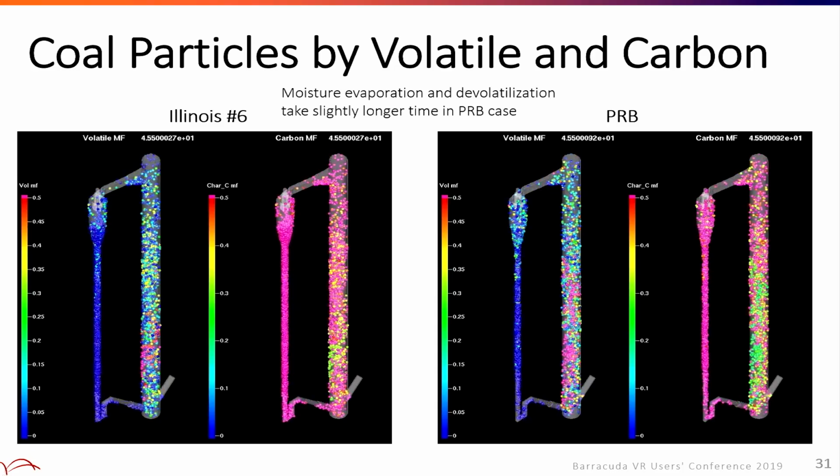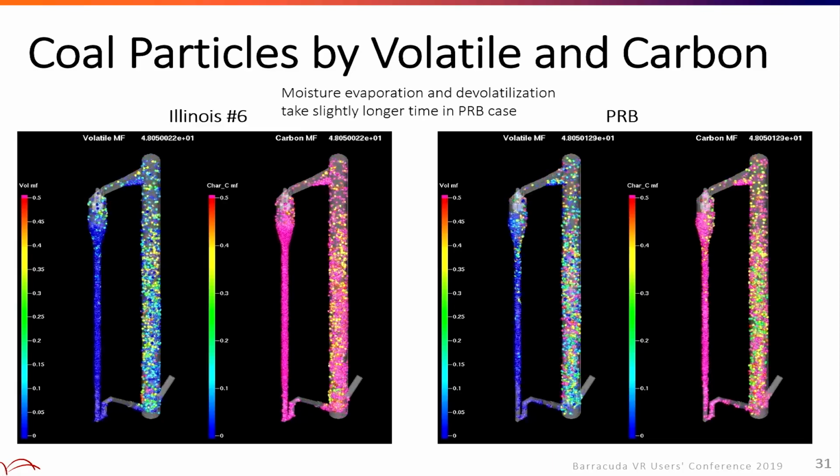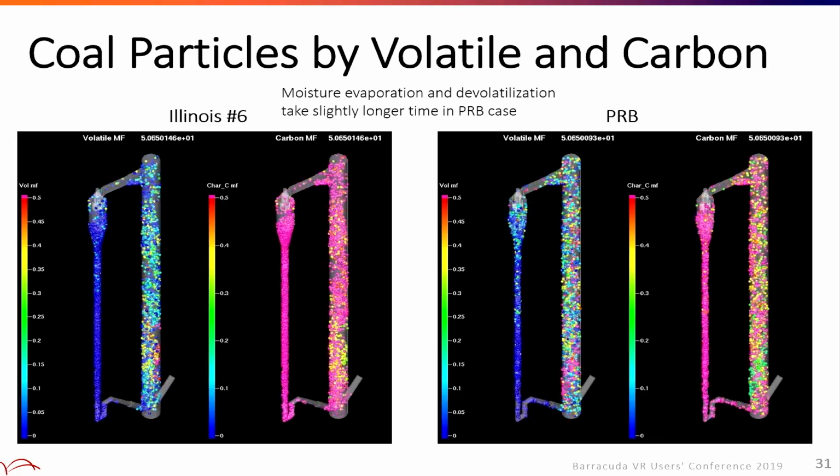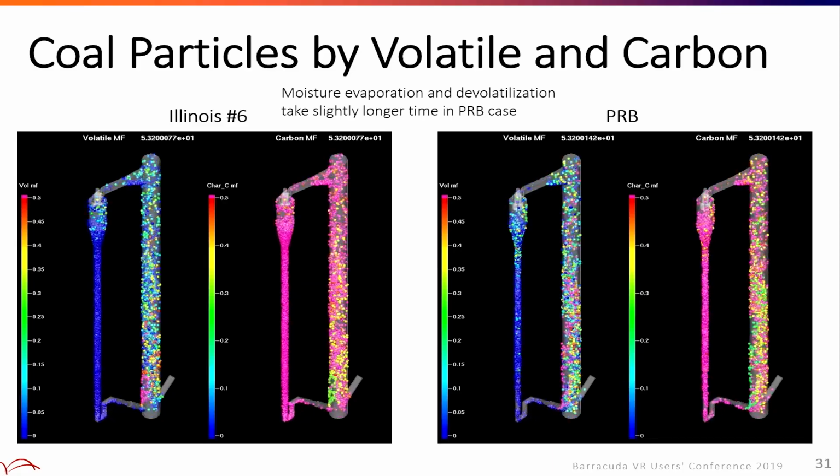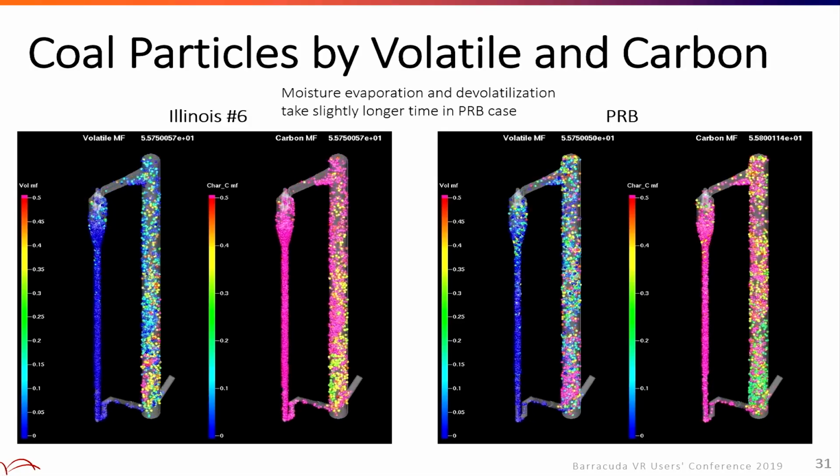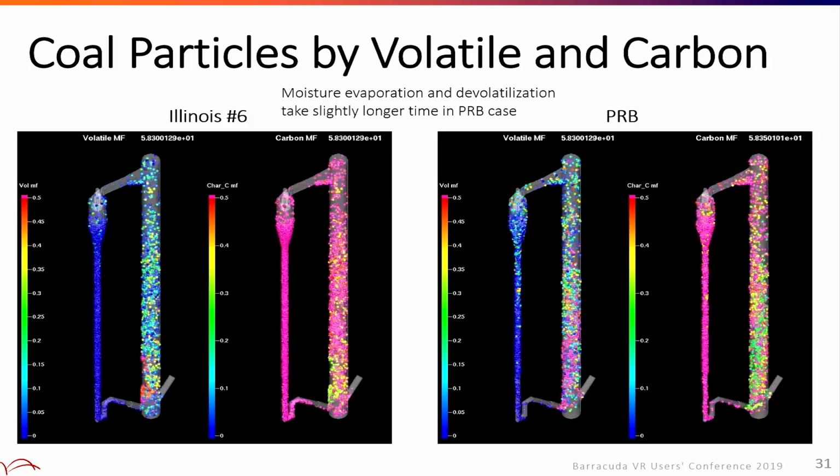And the carbon mass fraction will initially increase because you're releasing the moisture and volatiles, and then decrease as the reaction goes along. It's hard to compare by looking at just the curves, but because of the amount of moisture and volatiles in the PRB, it takes a little bit more time to devolatilize.